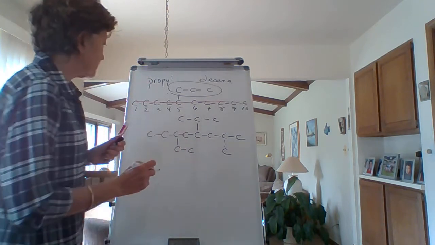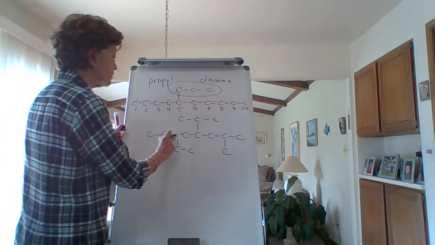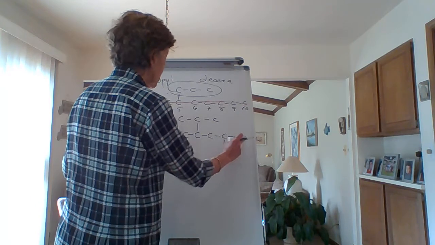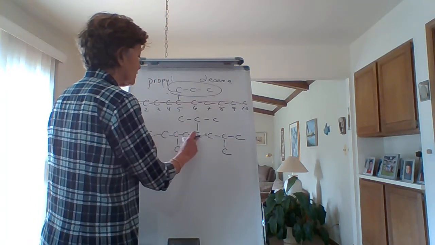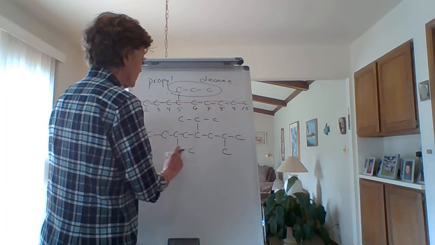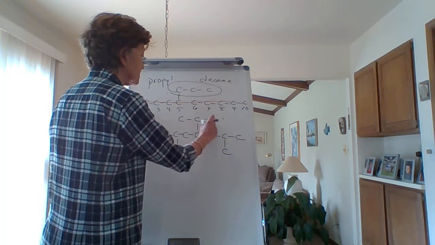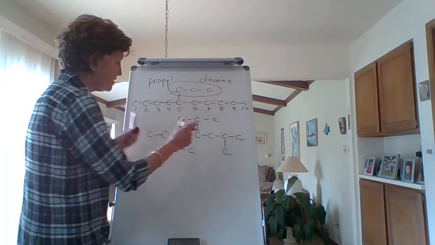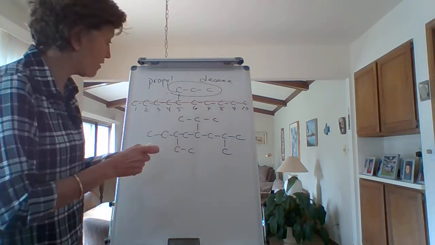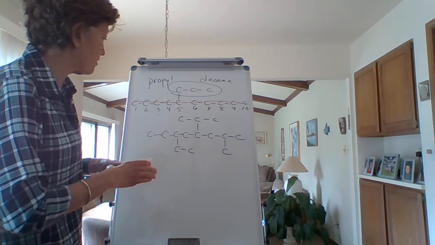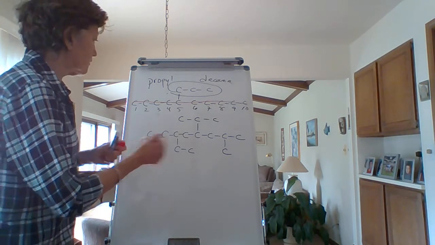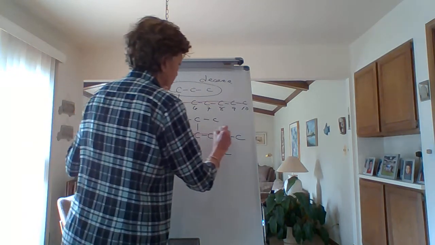All right, let me double check here. 1, 2, 3, 4, 5, 6, 7, 8. 1, 2, 3, 4, 5, 6, 7, 8. 1, 2, 3, 4, 5, 6, 7. You got to try all the different ways and try to see the longest one. But yeah, it looks like the longest one is going to be 8. So here we go, 8.